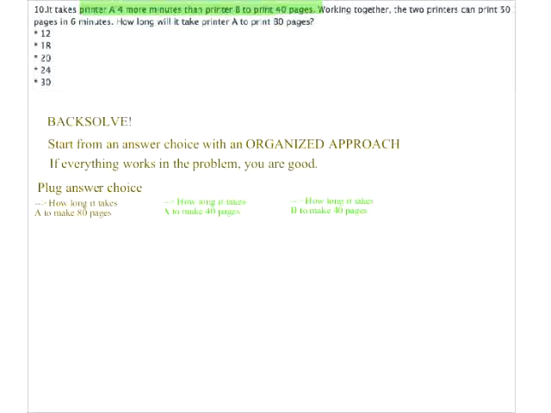There we go. Once we have those, we can figure out how long it'll take to make 50 pages. We want this to be 50 pages in 6 minutes. So how many pages for A in 6 minutes, and how many pages for B in 6 minutes? Let's do this.